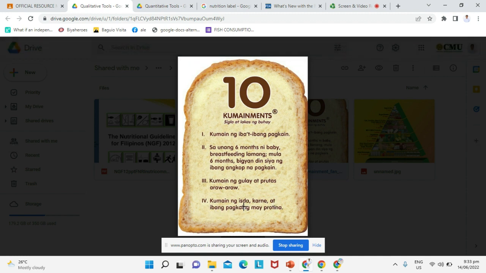Number 4 is kumain ng isda, karne, at ibang pagkain may protina. So, this talks about the protein in the diet. So, to get protein, magkaon ta og, i-emphasize ko ang isda because fish is actually the healthiest animal source of protein.